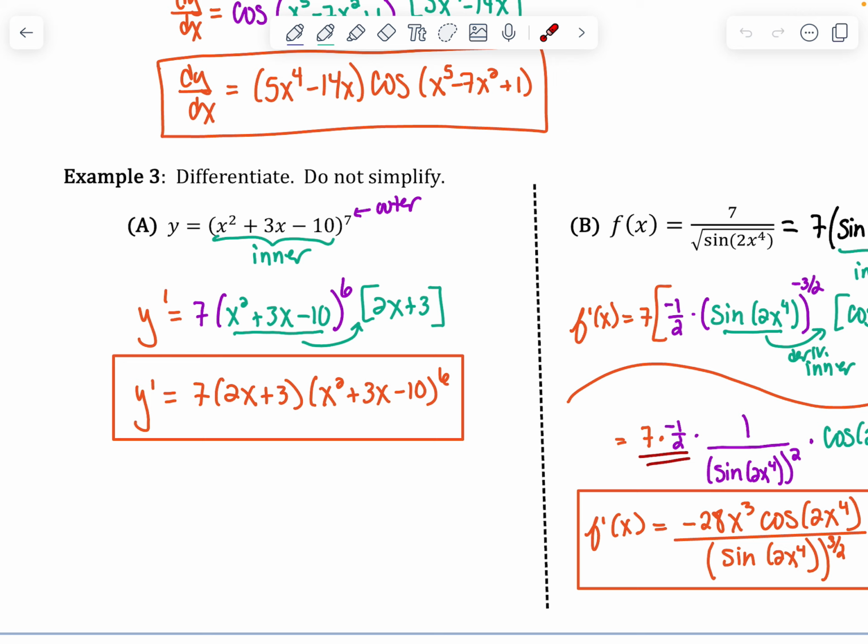But now I'm going to take the derivative of x squared to get 2x. I'm going to take the derivative of plus 3x to just get a plus 3. And again, the derivative of a constant is 0, so we're not going to say plus 0.